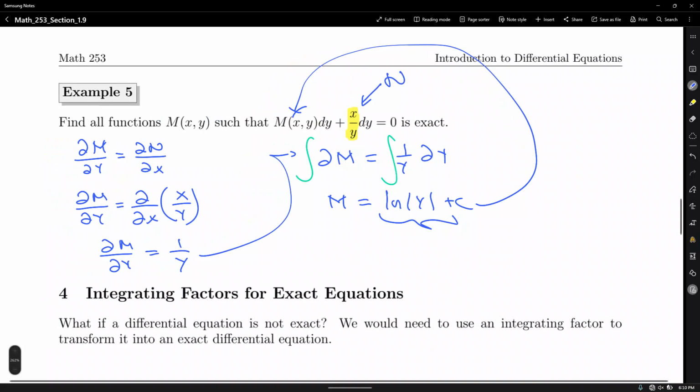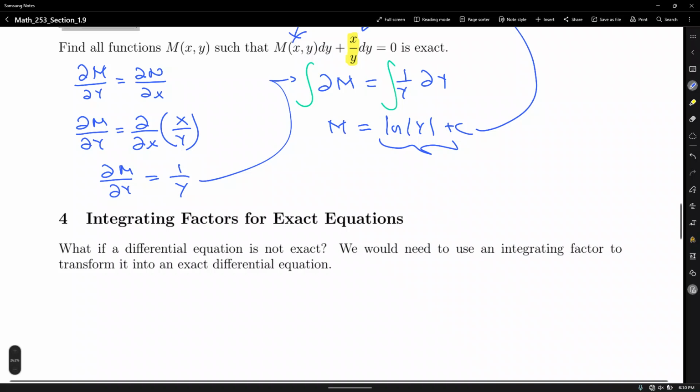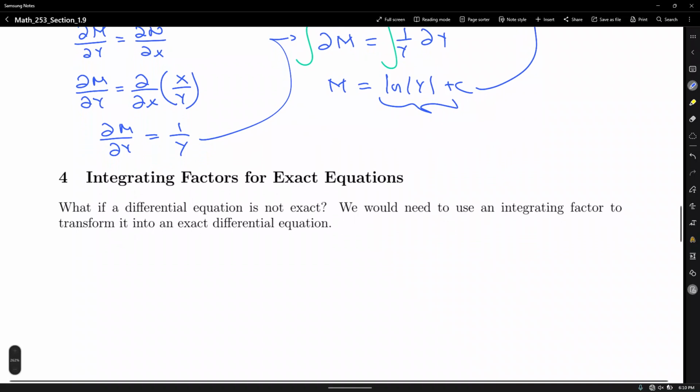We multiplied the equation by some mu function and compared it to the product rule, and then did a little bit of magic to turn it into a separable equation. So we're going to come up with an integrating factor for the exact equation. However, it's going to look somewhat similar, but a little bit crazier than the integrating factor for the linear first order equation.